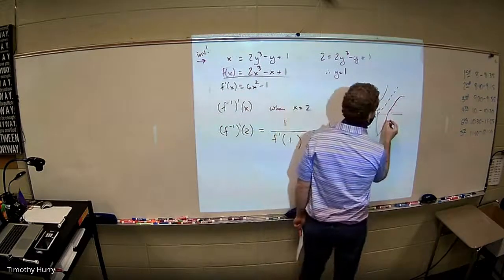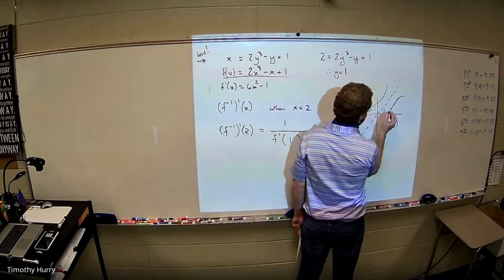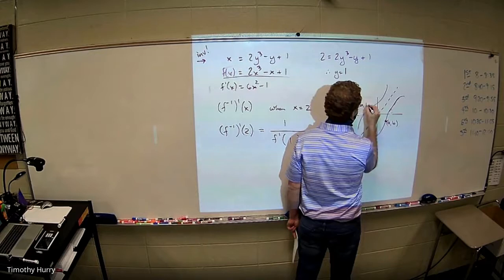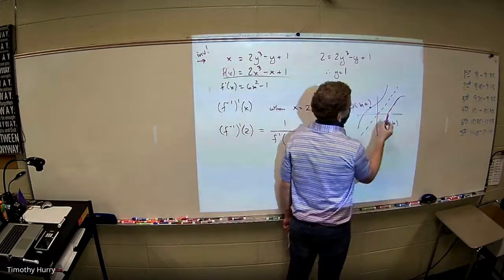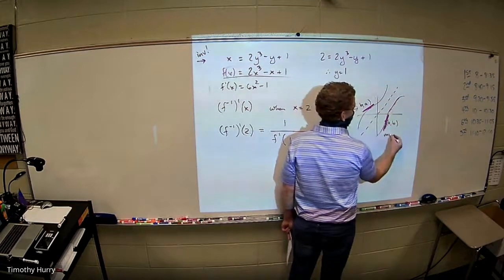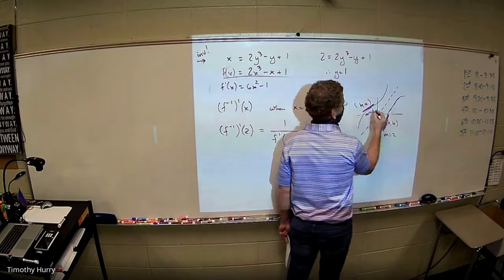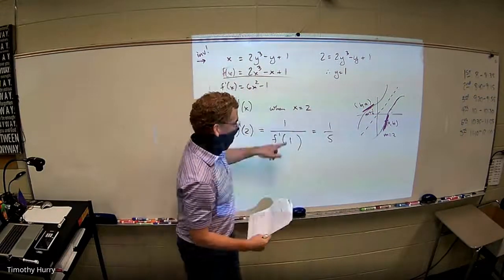So if this point right here is a comma b, then this point over here is b comma a. This slope right here is a reciprocal of that slope right here. So if that slope is 2, then this slope is a half. And you can kind of see that. That's why I'm flipping it.